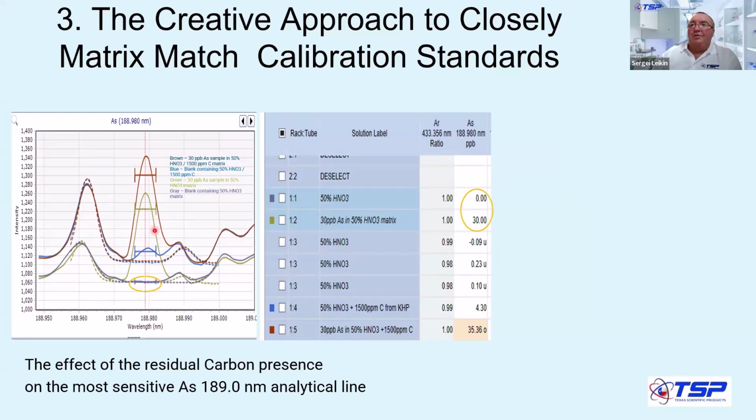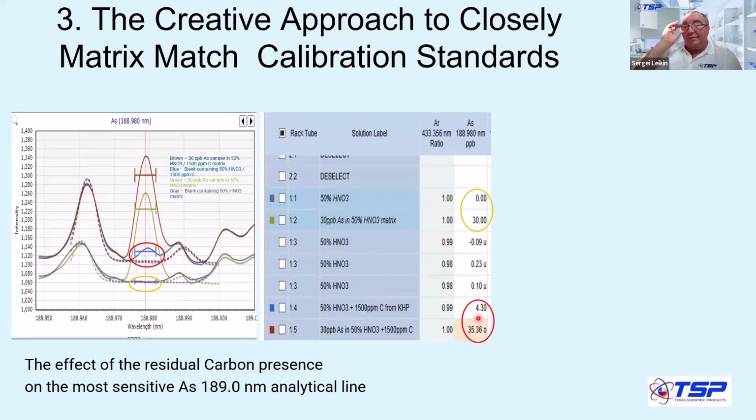Then when you introduce carbon, which is what we did in the experiment to mimic what happens in a real sample, you have this bump right there, and this bump reads 4 to 5 ppb of false positive arsenic.